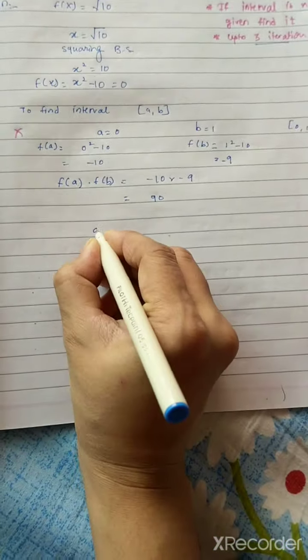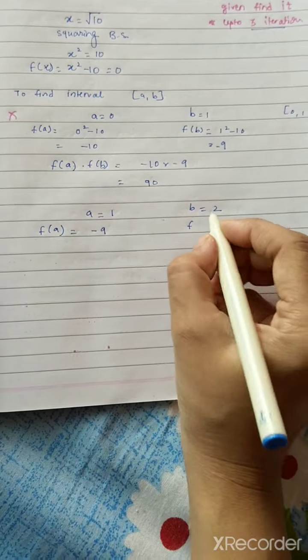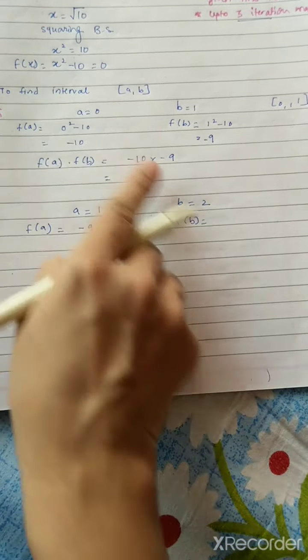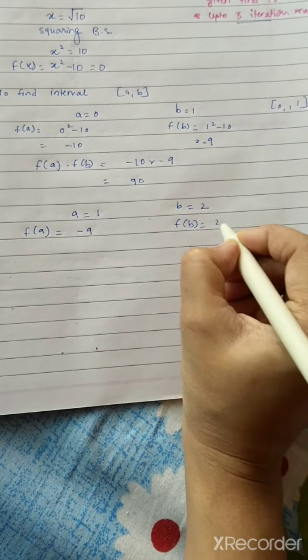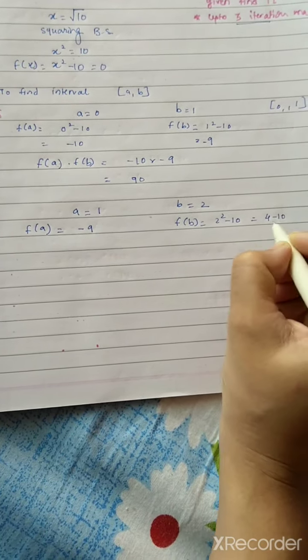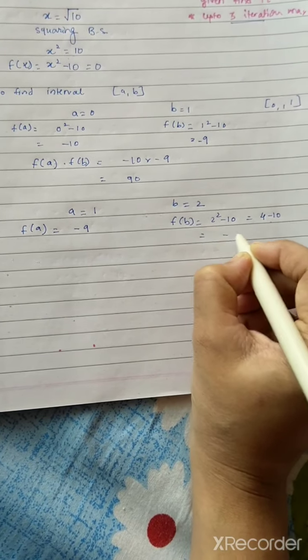Next we consider a is equal to 1 and b is equal to 2. When a is equal to 1, f of a we have already found, so minus 9. When b is equal to 2, f of b will be 2 square minus 10, that is 4 minus 10, so this will be minus 6.